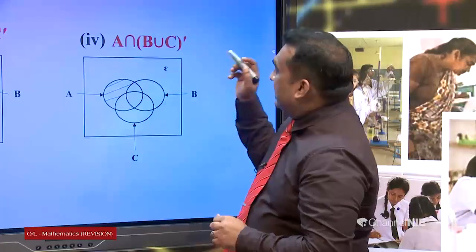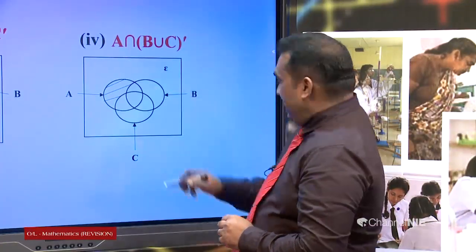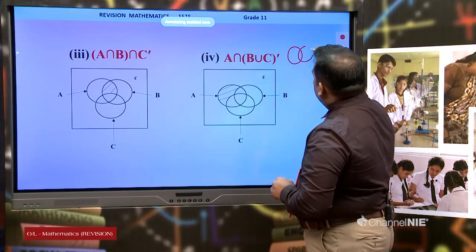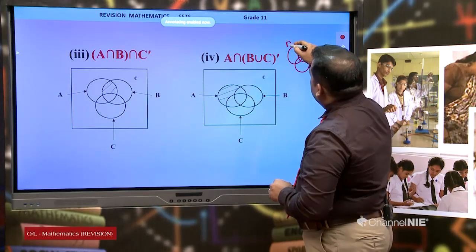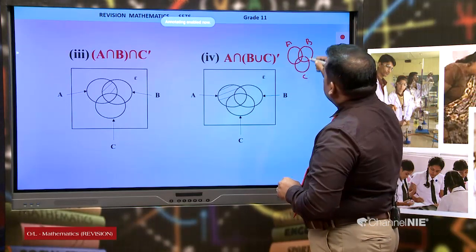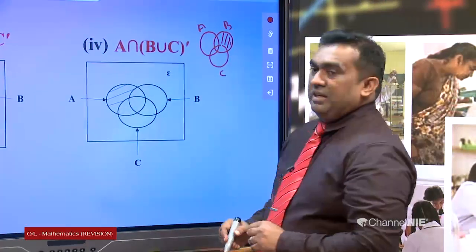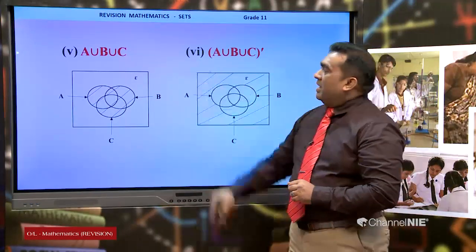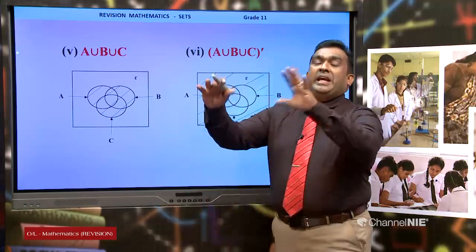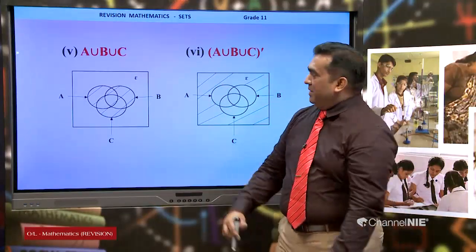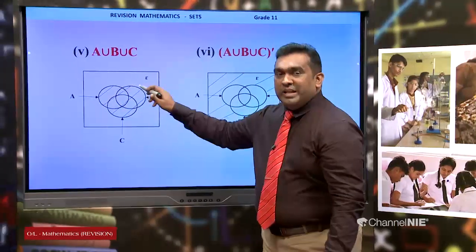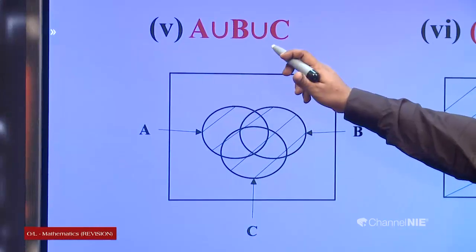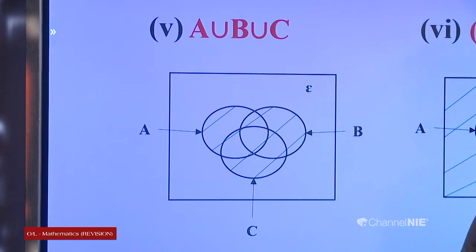If you consider this region, this is A, this is B, this is C, then this is only B. Then A or B or C means all the elements of three sets, all the regions, the sum of regions of A union B union C.